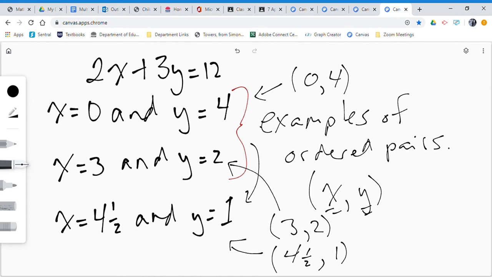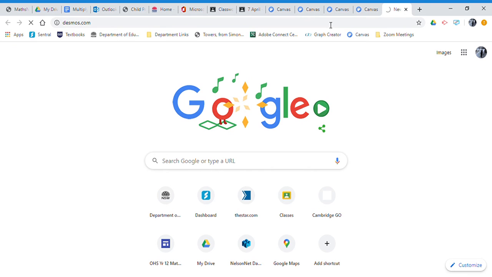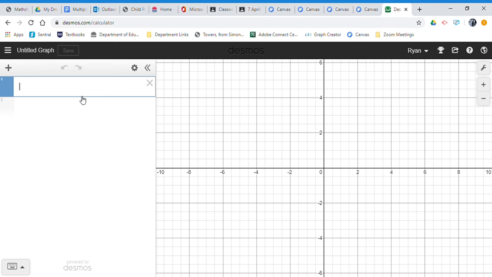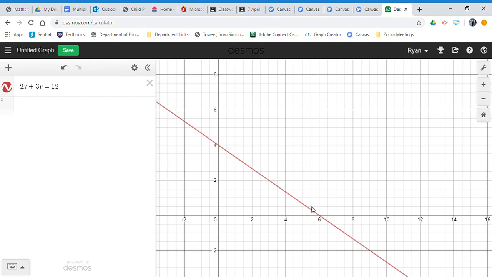If you want to think of it this way, if I went to a graphing program, and type in our example, 2x plus 3y equals 12, every point that lies on this line is a solution.